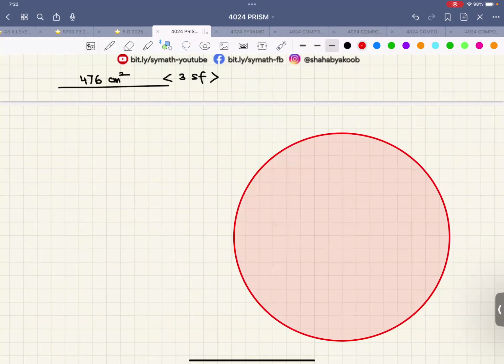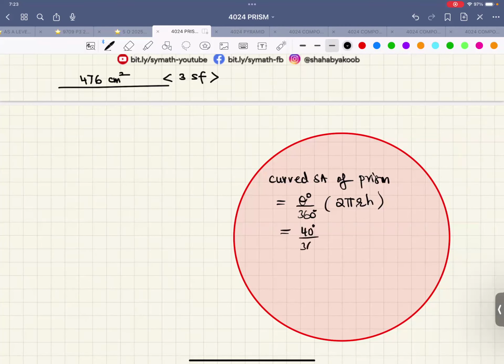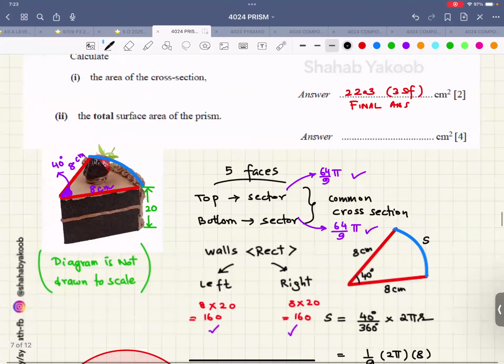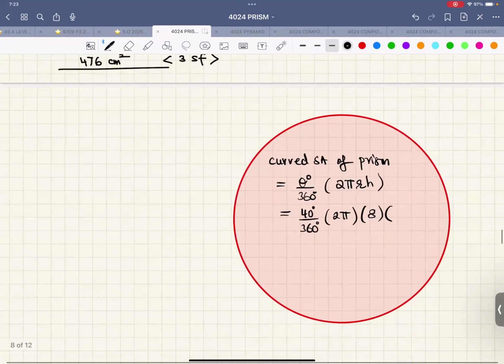So that alternative way is this, that the curved surface area of this prism is theta over 360 degrees into 2 pi r h. That's the curved surface area of prism. That is 40 over 360 degrees into 2 pi. Let it remain as it is. R is 8. And how much is h? H is 20. So this is 20.